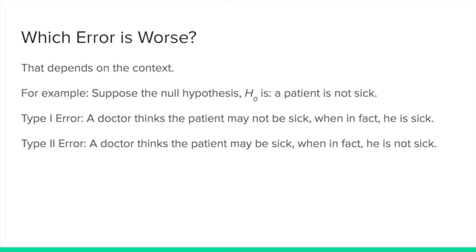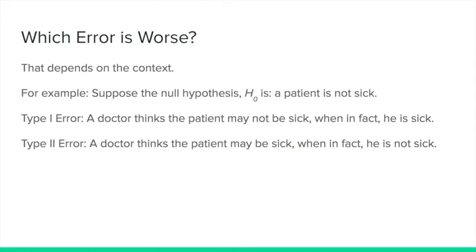So as long as we're not talking about amputating something because of a sickness, then a type 1 error is probably worse, right? Again, that's assuming we're not talking about amputation, because if that was the case, then it would be worse for the doctor to think that you are sick than not. But if you actually are sick and the doctor thinks you're not sick, you're not going to get treated, right? So I would say, generally speaking, a type 1 error is worse in this situation because you're sick, but the doctor doesn't think you're sick, and so you're not getting treated.